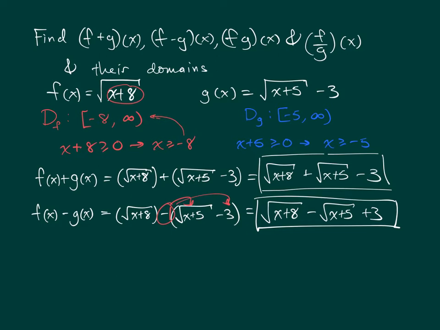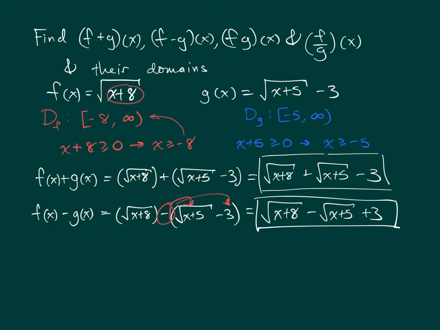Well, in order to answer that, I need to look at which domain is smaller, which domain contains fewer numbers. And if you look, -8 to infinity includes a whole lot of extra numbers that are not in the domain of -5 to infinity.